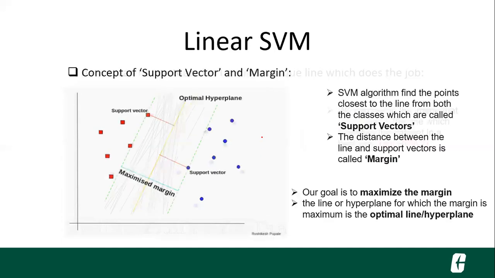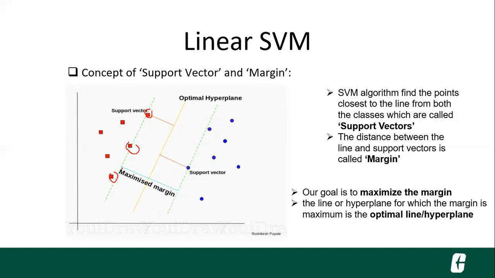To understand that, first we need to understand the concept of support vector and margin. So what are support vectors? The SVM algorithm finds the points closest to the line from both the classes, which are called support vectors.